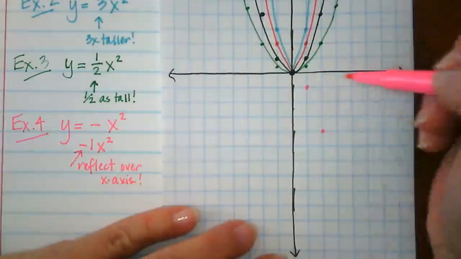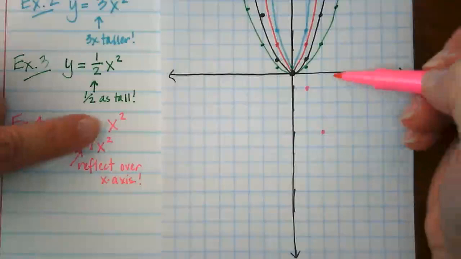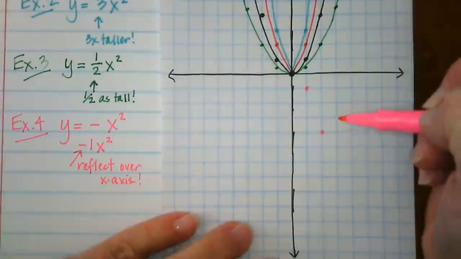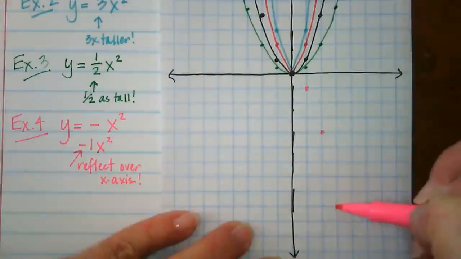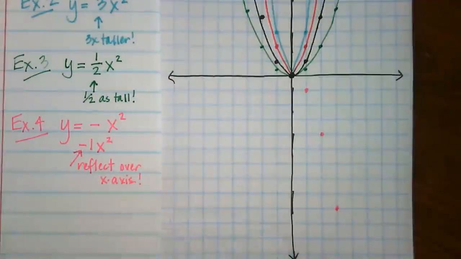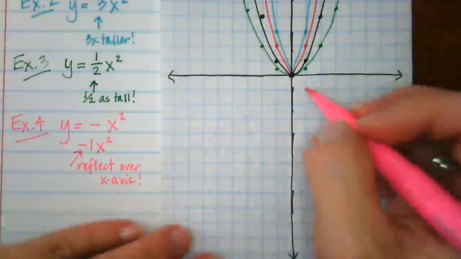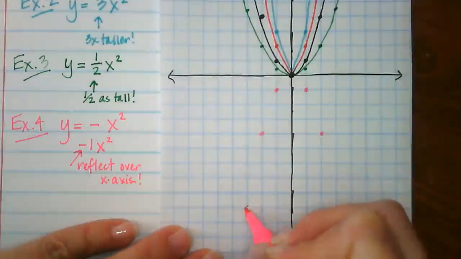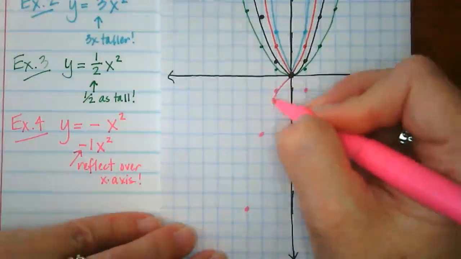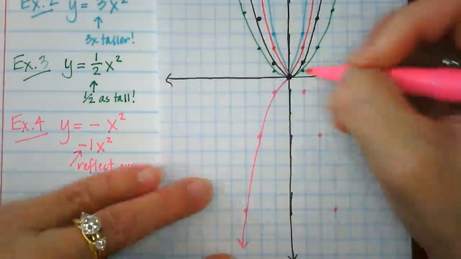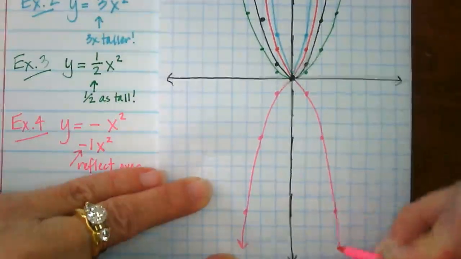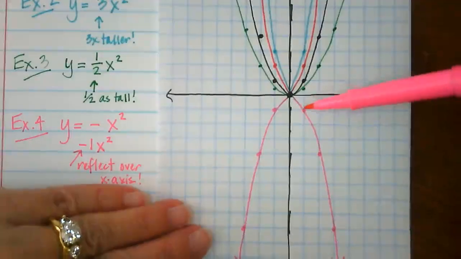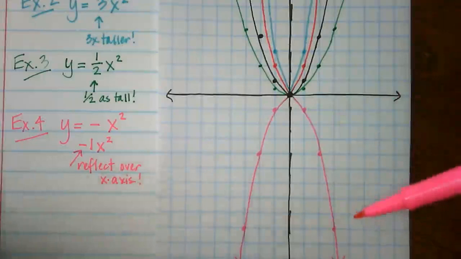If we tried 3, squared would be 9, but it's going to go down 9 instead of up 9. And then still we have this axis of symmetry right here, so I have mirror image points of all of these. So when a parabola has an A value that is negative, it's going to be reflected over the x-axis. So instead of going up, it's going to go down.